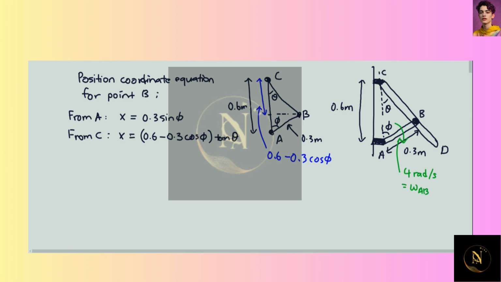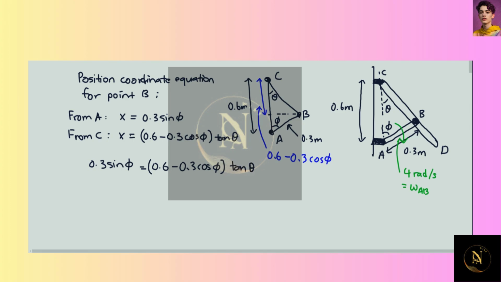And also we need to utilize the given information, which is omega AB, which is equal to phi dot. That's the reason why we need to write these two equations. The two x coordinates are the same, so we can write down 0.3 sine phi is equal to 0.6 minus 0.3 cosine phi tangent theta.